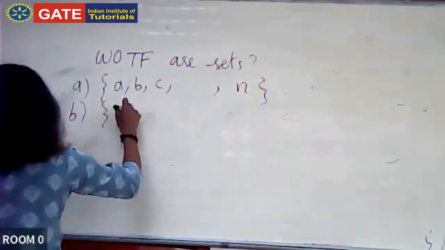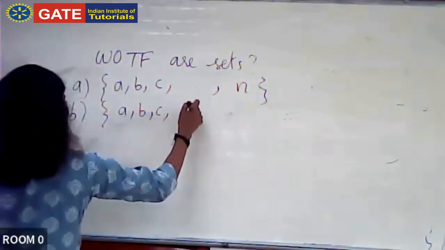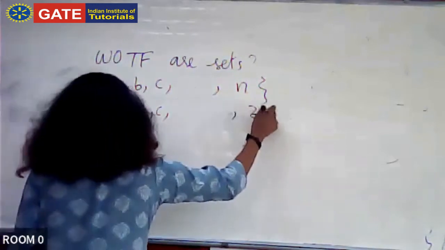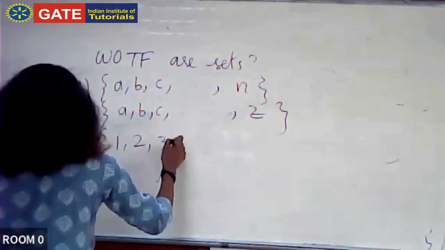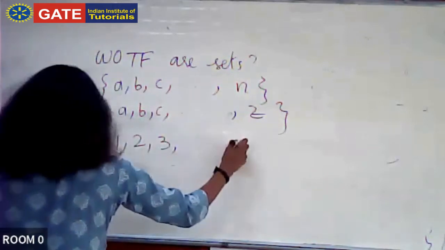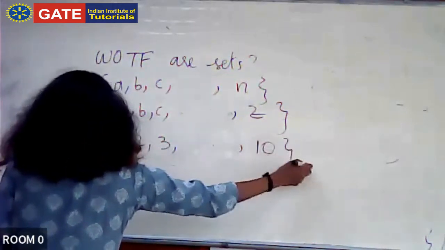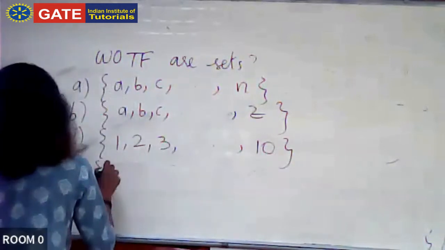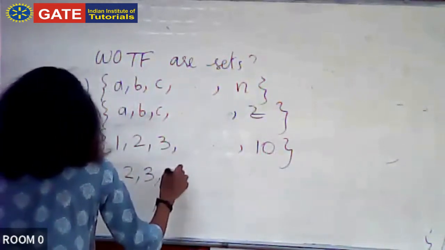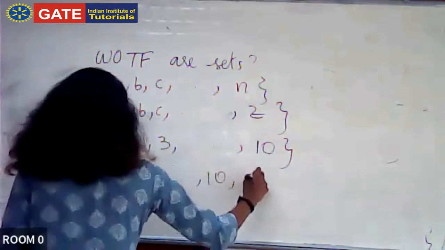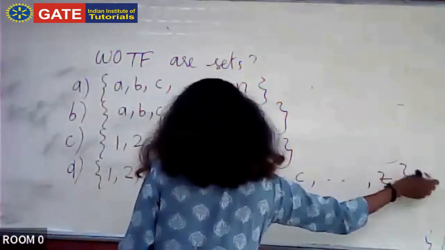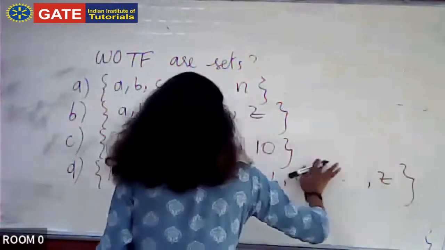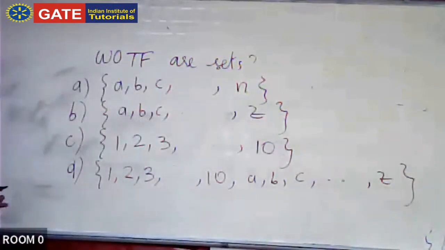Option B, {A, B, C, ...}. Option C, {1, 2, 3}. Option D, {1, 2, 3, ...}. Then {A, B, C}. There can be more than one correct answer.